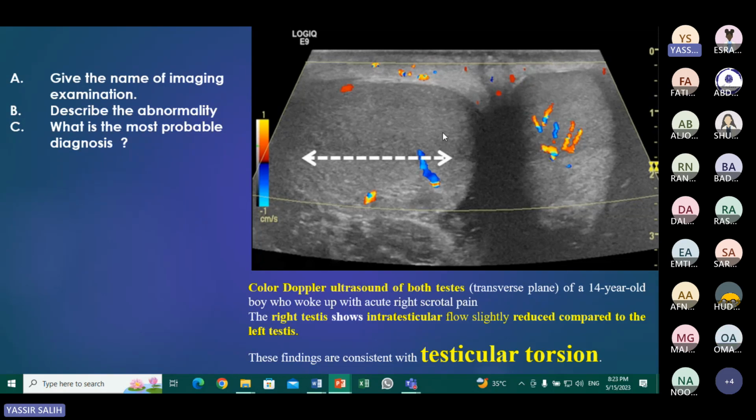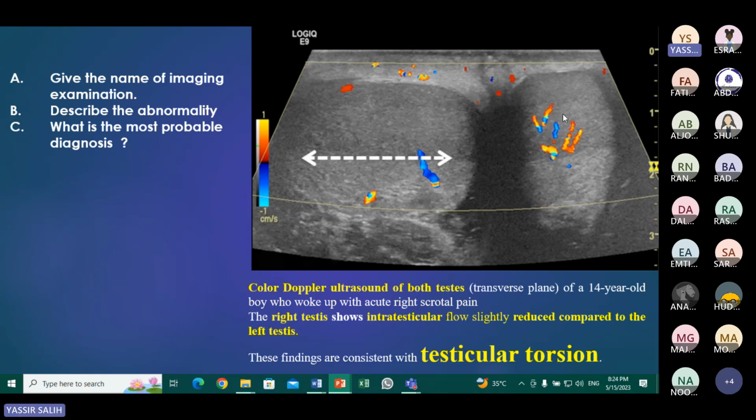Compare between the two testes concerning the color flow. Is it symmetrical, or is there a variation or difference? Decreased vascularity in the abnormal one. In which one? The right one. There is decreased vascularity.